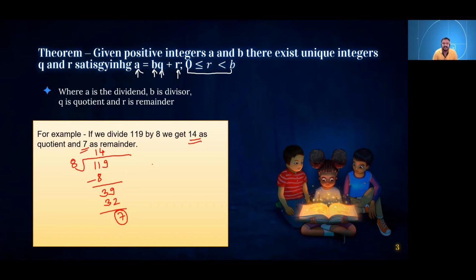If we arrange it according to Euclid's division lemma, how will it come? According to this, a is equal to bq plus r. We have to arrange it in this form. So what will be the answer?